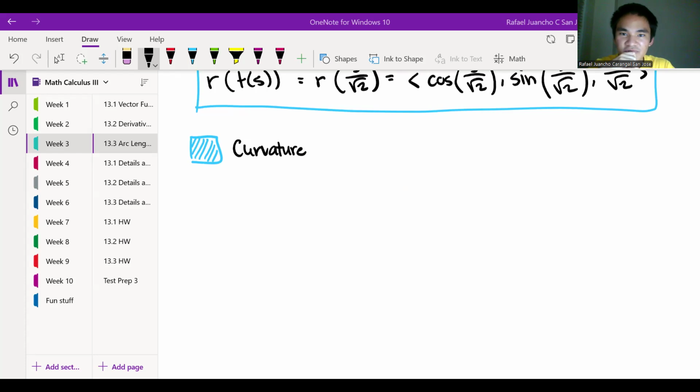I don't think most of the length of curve, intersection, curvature. Okay, I have curvature, so I am gonna talk about curvatures.